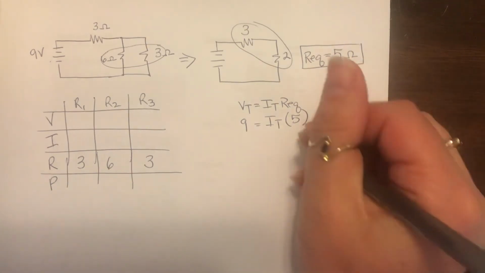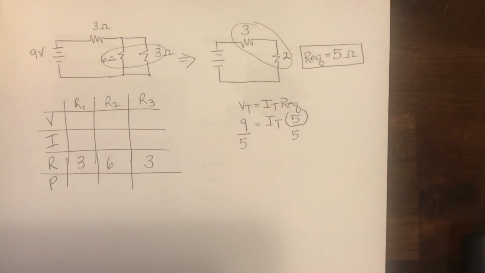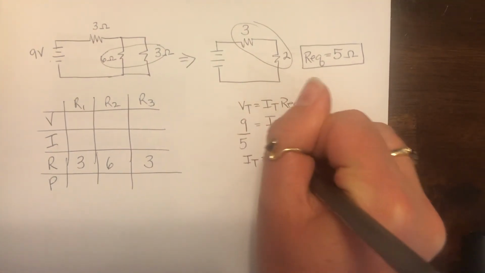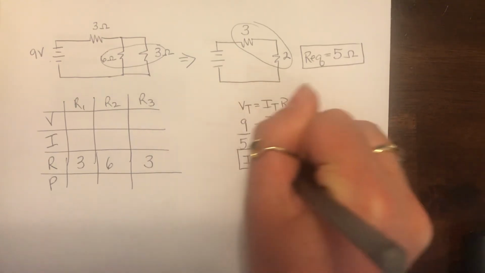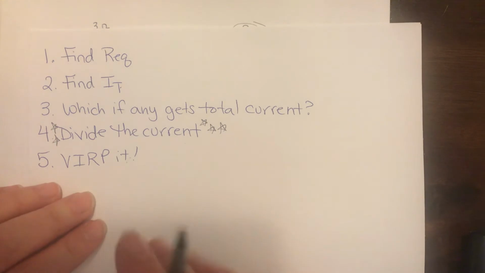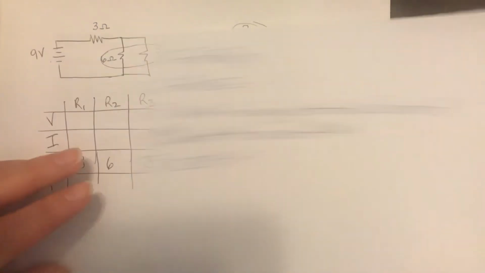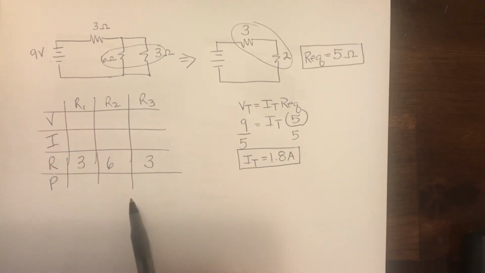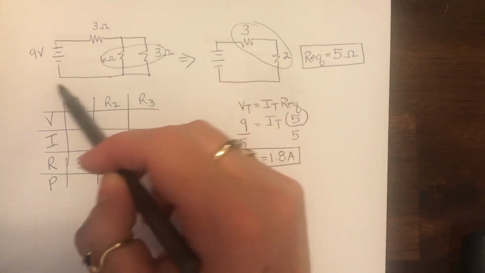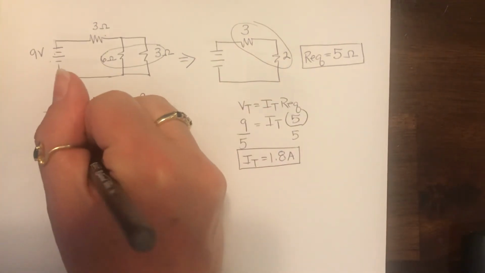If we solve for IT, you should get that IT equals 1.8 amps. All right, step 2, done. Step 3, which resistor, if any, gets the total current? Where does all the current travel through? Hopefully you're saying this first 3 ohm resistor.